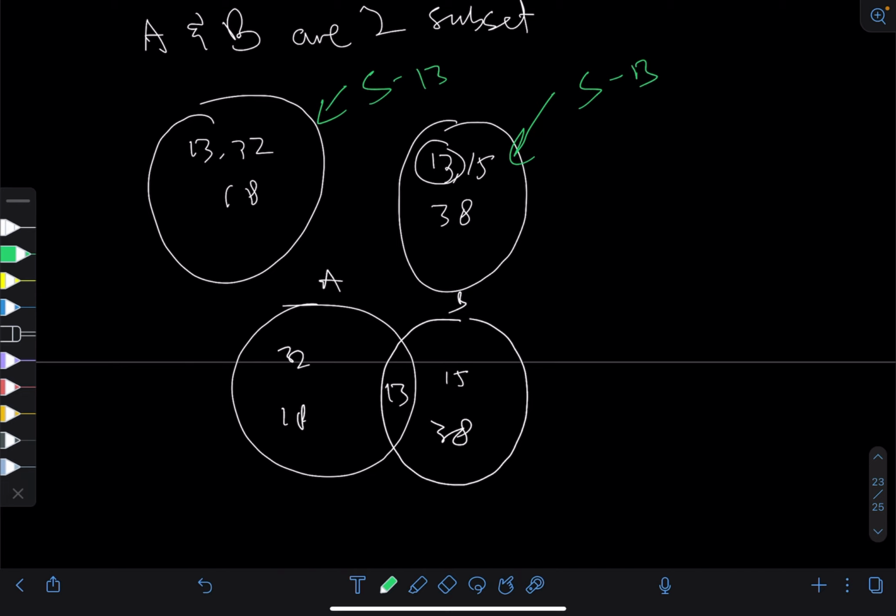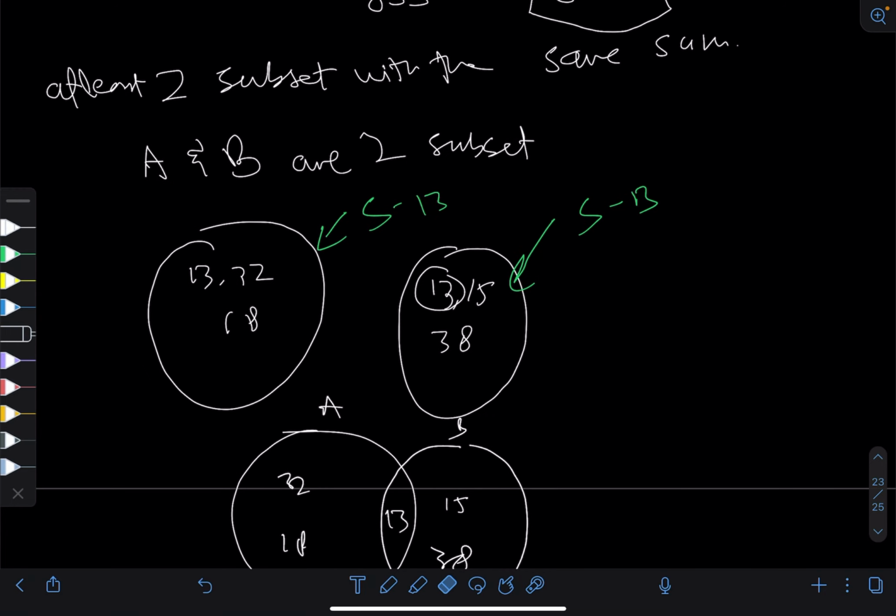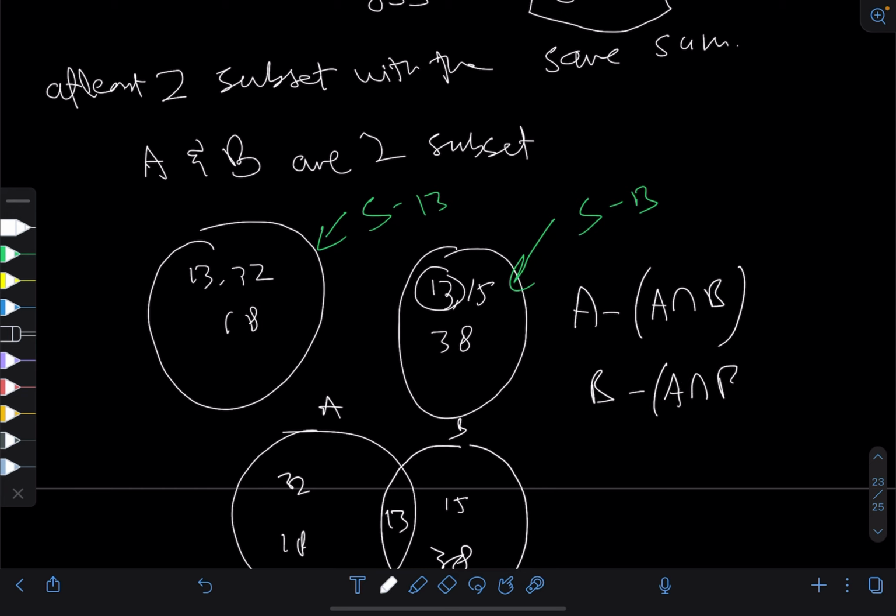So we have created two different subsets which have the same sum, and we are done. To generalize, if A and B are the two subsets, then we can create the new subsets A minus A intersection B and B minus A intersection B, and these will be the answer to our problem, and we are done. QED.